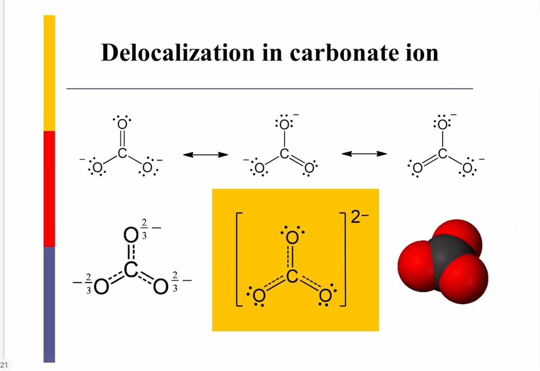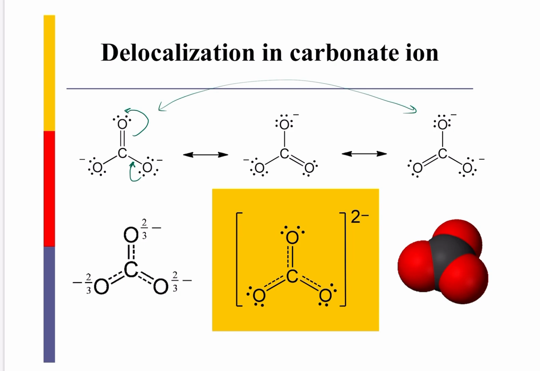For example, in the delocalization of the carbonate ion, if again we have the electron come here, it is a mesomeric effect we will study later. It comes here, and the shape can change to this one, or we can change the color.